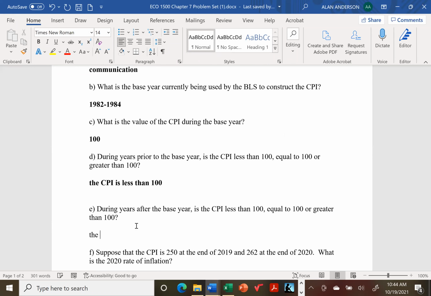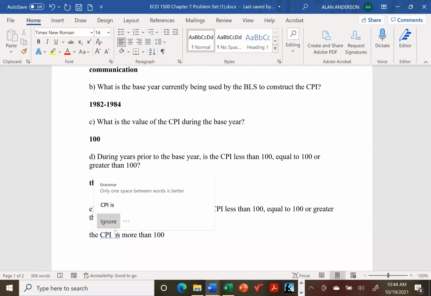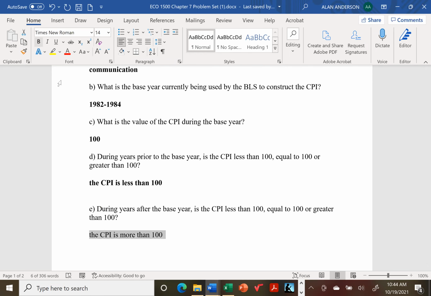So in the years after the base year, the CPI is more than 100. Again, remember, that's assuming positive inflation. In a country like Japan or Switzerland that has actually had deflation, it isn't necessarily going to work this way.